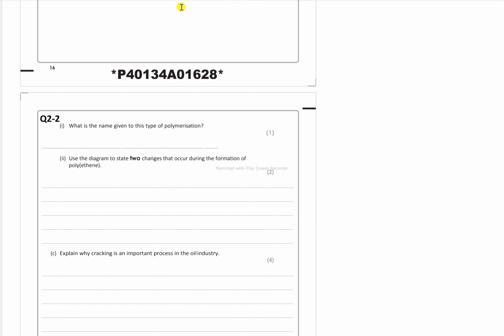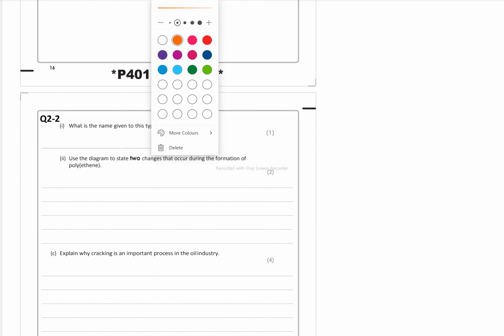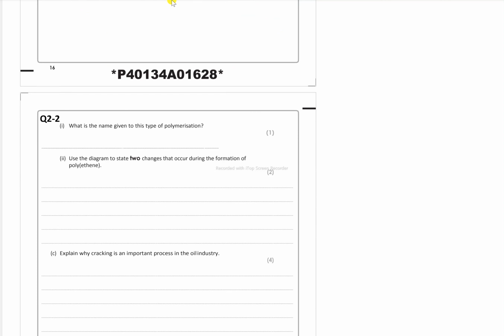What is the name given to this type of polymerization? We need to learn two types of polymerization. One is called addition.